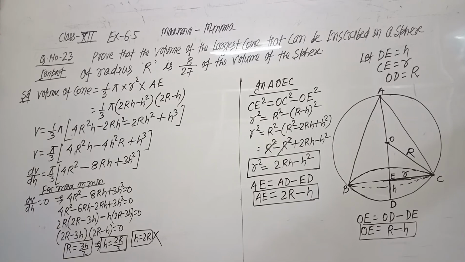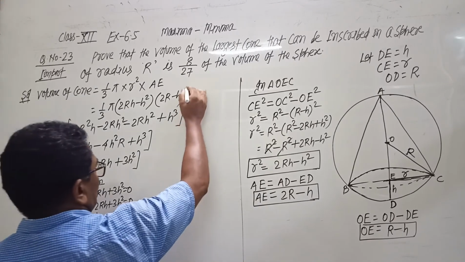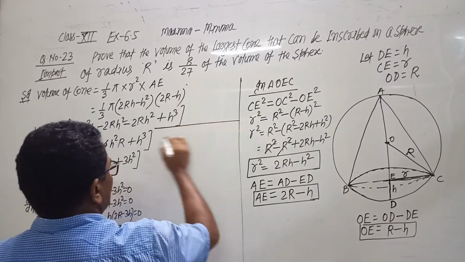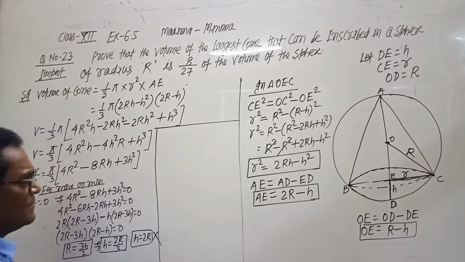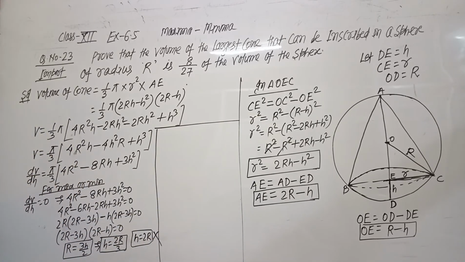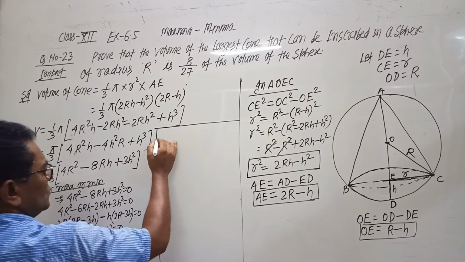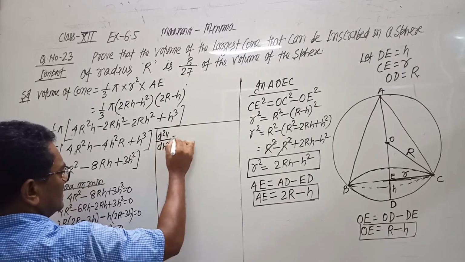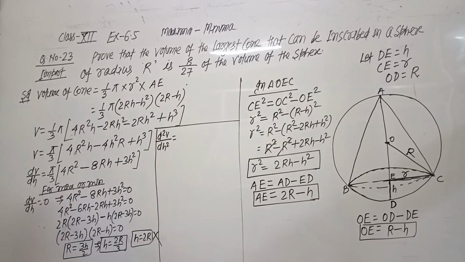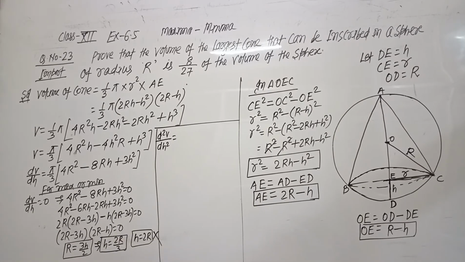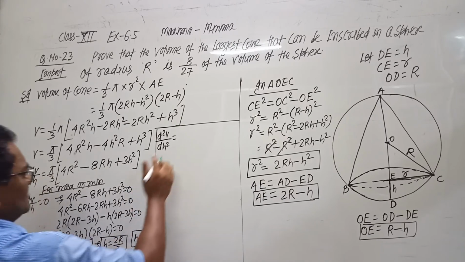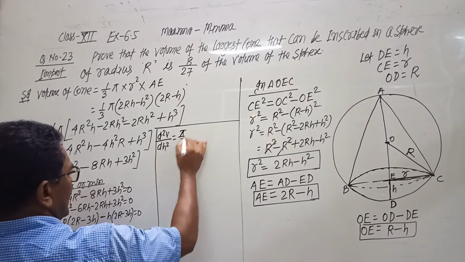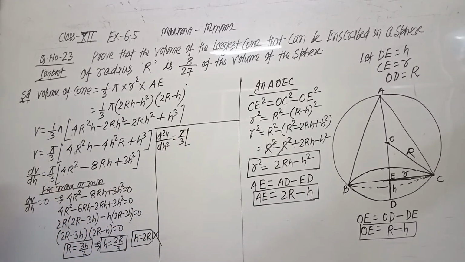Now we have to prove the maximum volume. For maximum volume, we will have to differentiate again. This was dV by dh. We will have to find d2V by dh square. Differentiating once again, pi by 3 is a constant term and is taken outside.